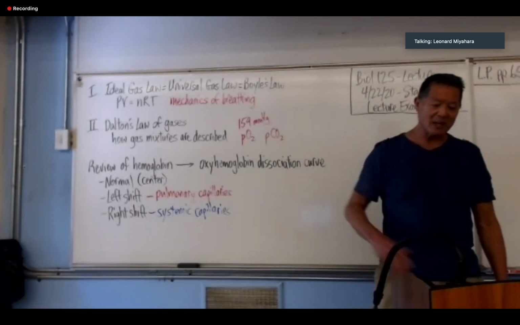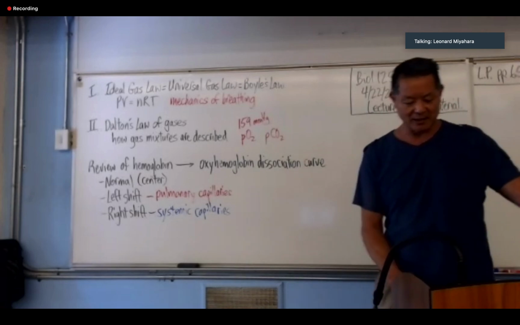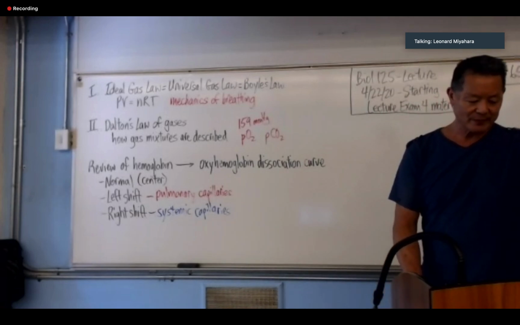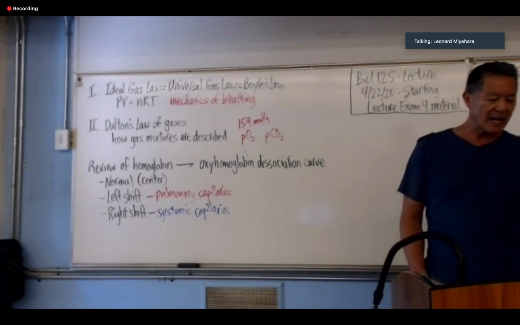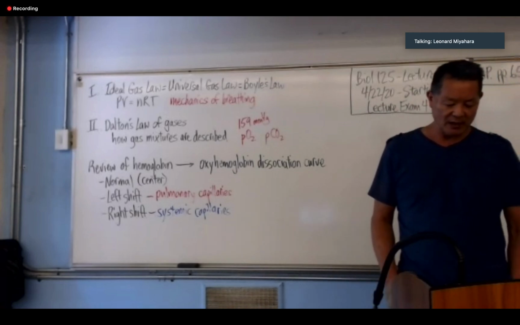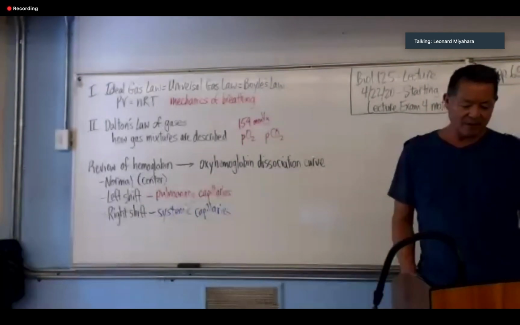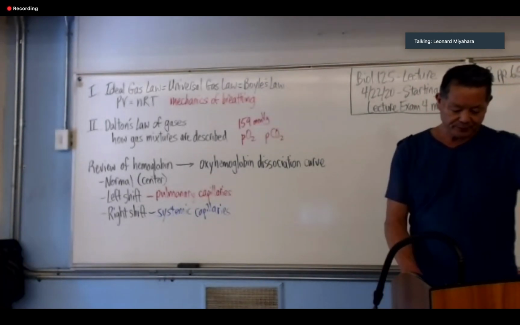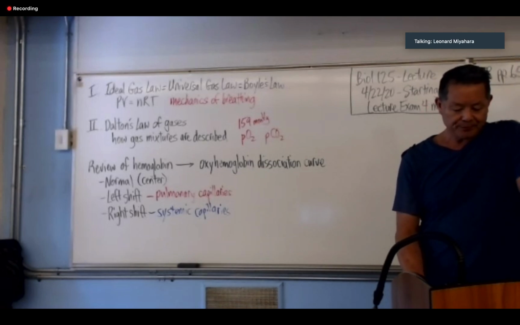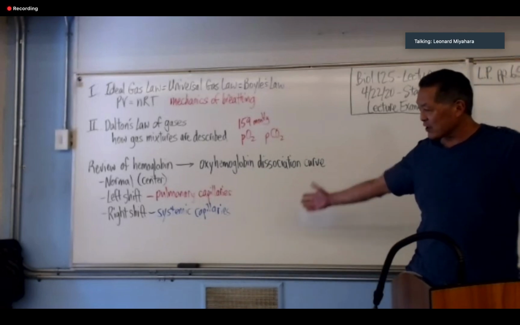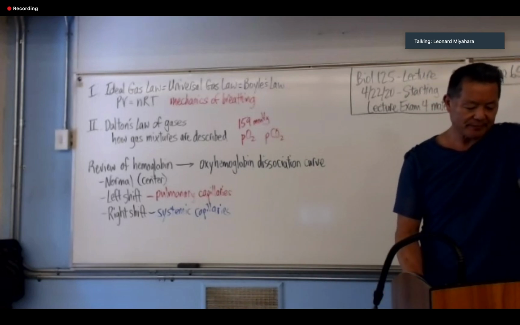That figure's up on top, pulmonary capillaries, down on the bottom, systemic capillaries. But because of the tie between pH and CO2, that's why the Bohr effect and the Haldane effect work simultaneously. They're working hand in hand, and they're causing either a left shift or a right shift.